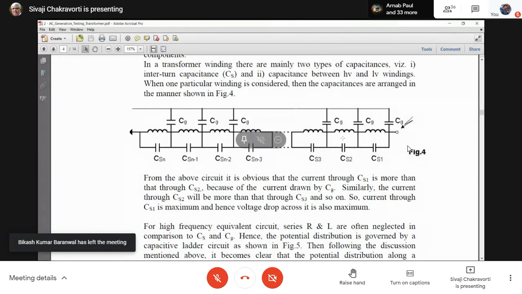Now, since in your earlier classes we were not considering impulse voltages, we considered only the power frequency equivalent circuit of the transformer. So here is a catch: if in your grand viva, which will be much later, I ask you to draw the equivalent circuit of a transformer, you should ask me a counter question, whether I want the power frequency equivalent circuit or the high frequency equivalent circuit.